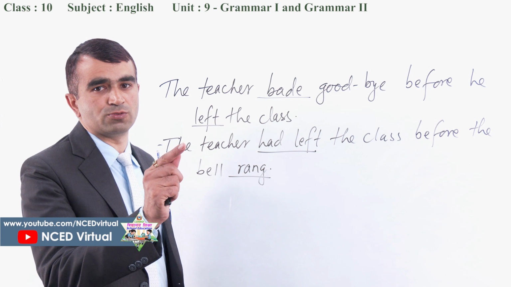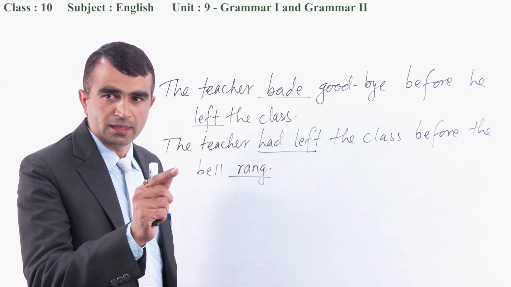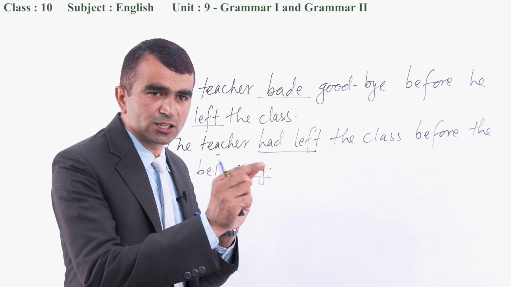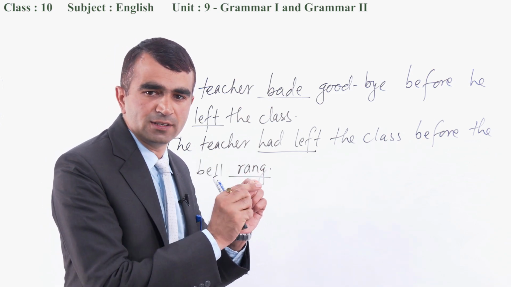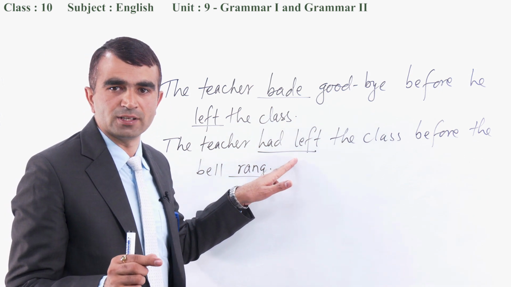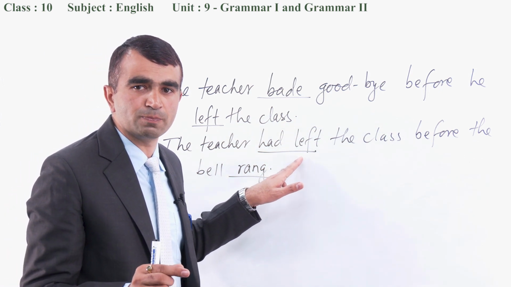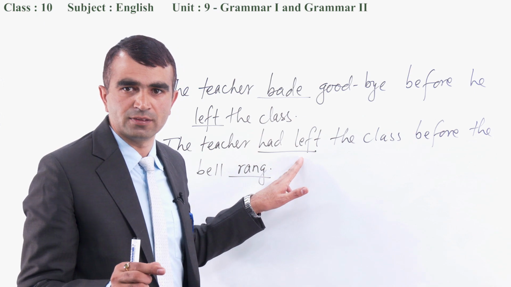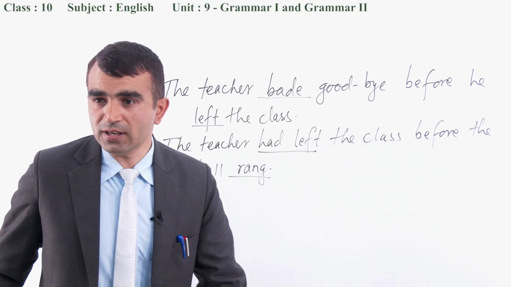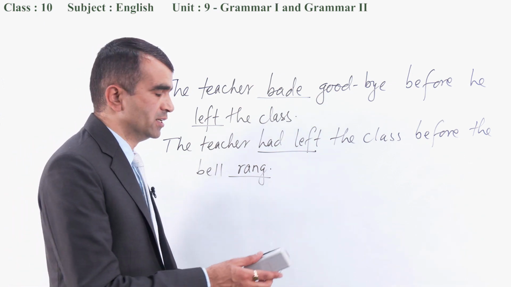So in this situation, if events are not in sequence, we can use had plus verb 3 structure or had plus past participle structure. Okay, now you can try, but don't forget the previous structures you learned.